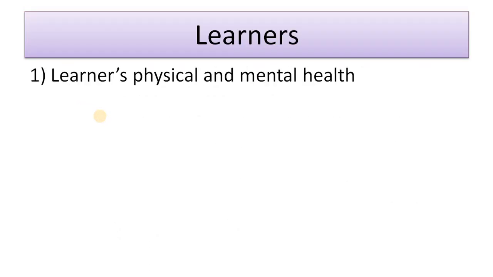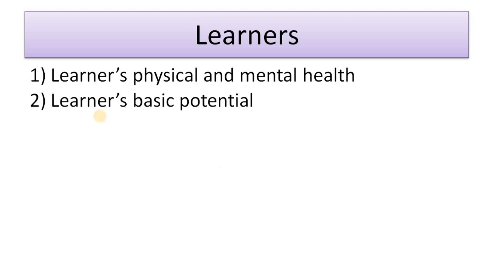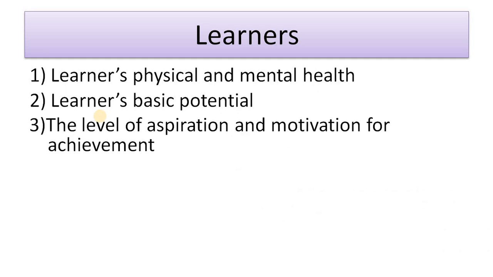Learners. What are the qualities of the learner that should be there for effectiveness of teaching? Learner's personal and mental health should be seen. Learner's basic potential, the level of aspiration and motivation for achievement, and goals in life.